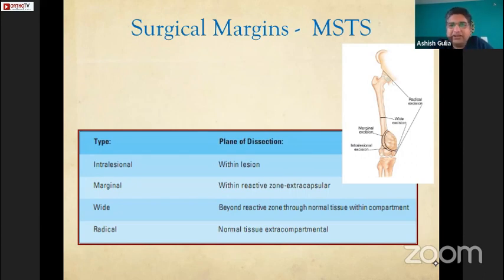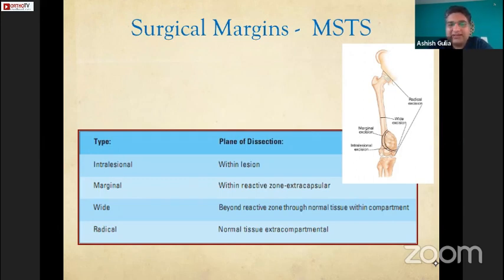Then we come to marginal resections. As you are seeing in the picture on the right-hand side of your screen, you have the tumor, then a reactive margin, and then a reactive zone. If your margin of resection passes through this reactive zone, which is just extracapsular all along the capsule, this is called a marginal resection. This kind of resection is practiced in benign tumors where we are trying to excise them.